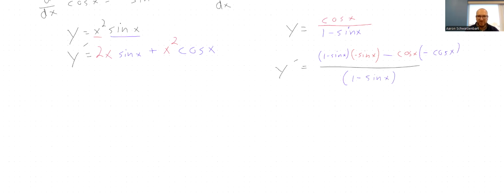So now I'm going to distribute sine x, giving negative sine x plus sine squared x plus cosine squared x. Oh, I forgot the squared there. What's sine squared plus cosine squared?